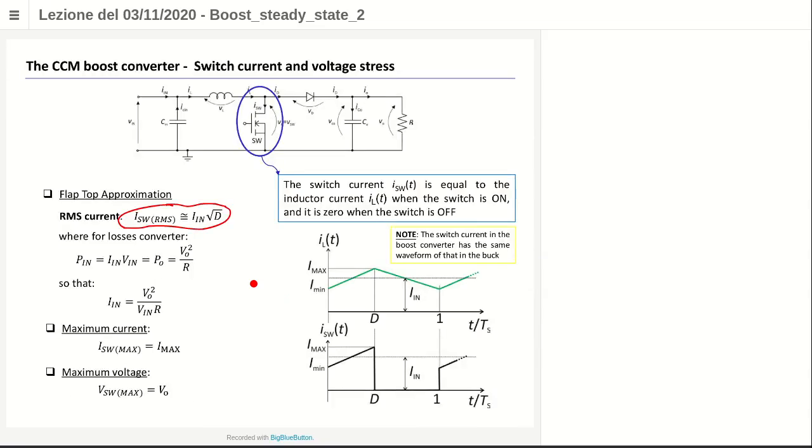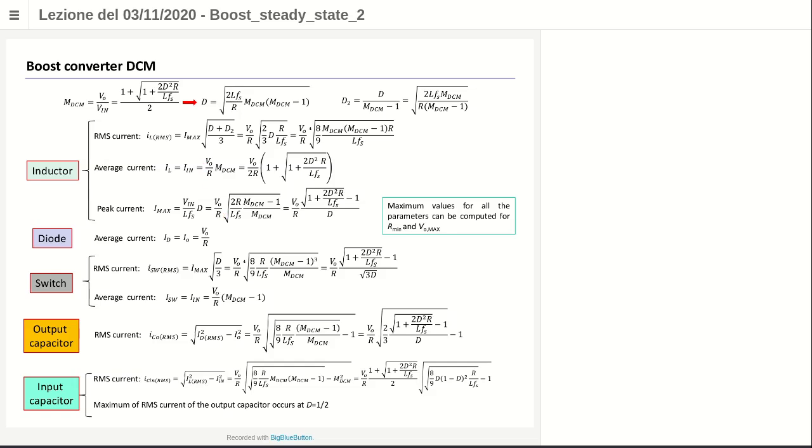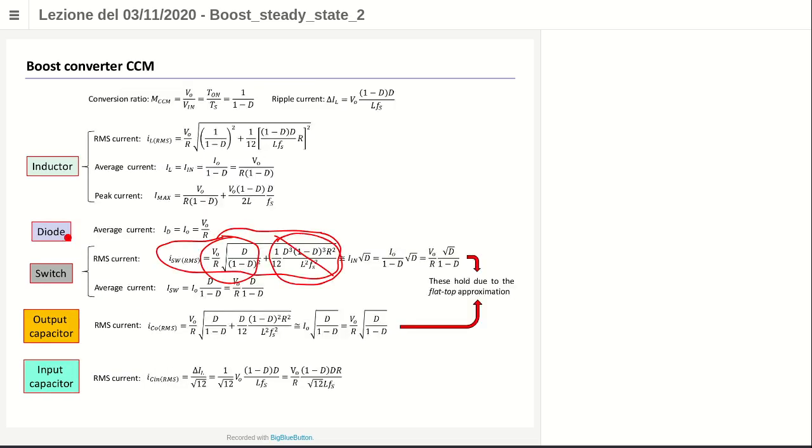We can look at the complete equations for CCM for the diode. I didn't put here the expression of the root mean square value of the diode current because it's not important for choosing the diode.